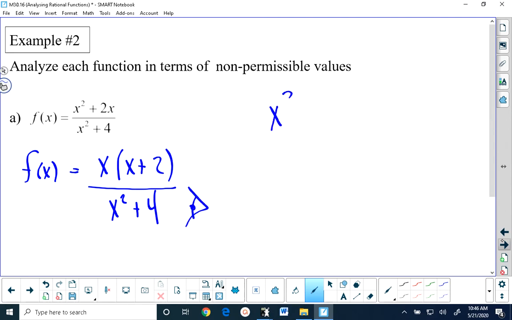We're asking ourselves, are there any values of x that make the denominator equal to 0? Well, since x squared is always going to be a positive number, when you add 4 to it, you can never get 0. In other words, for example A, there are no non-permissible values. There's no value of x in the universe that can make the denominator 0 here.